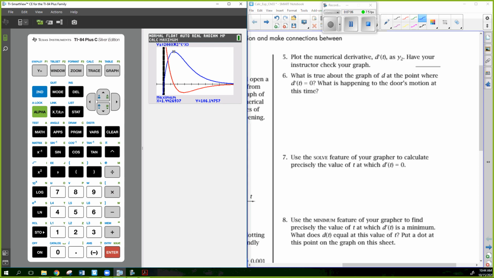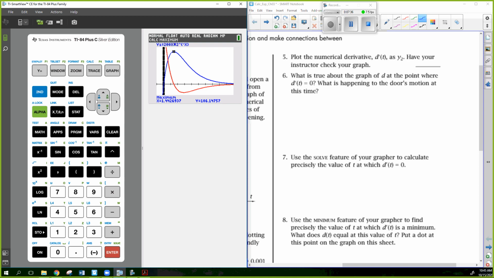All right, so what is the 106.14757? That's the degrees of how wide it is, right? And so we can say that the maximum degree of opening is 106.14757 degrees, at time 1.4426, whatever, but you can round those to 3 decimal places.